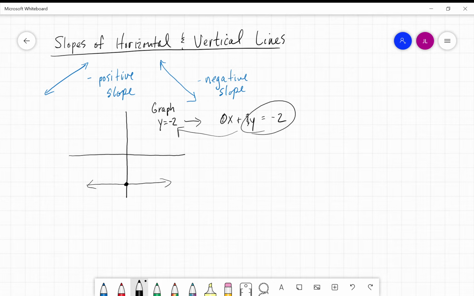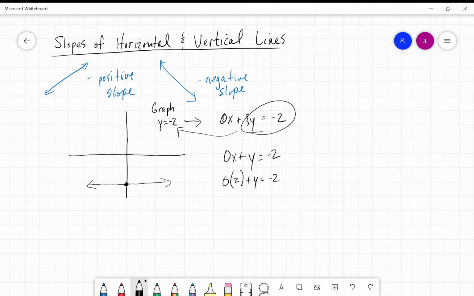Think about it this way. If we take this equation, 0x plus y equals -2, and put a different value in for x, let's put 2 in for x. Well, 0 times 2 plus y equals -2.